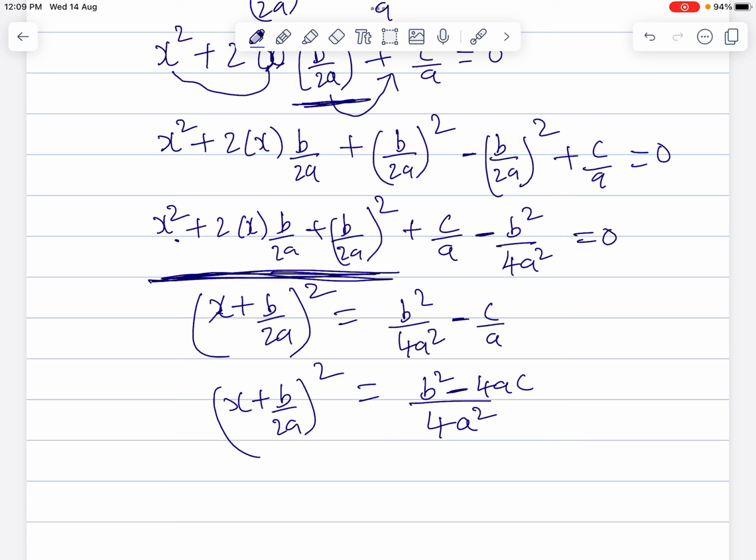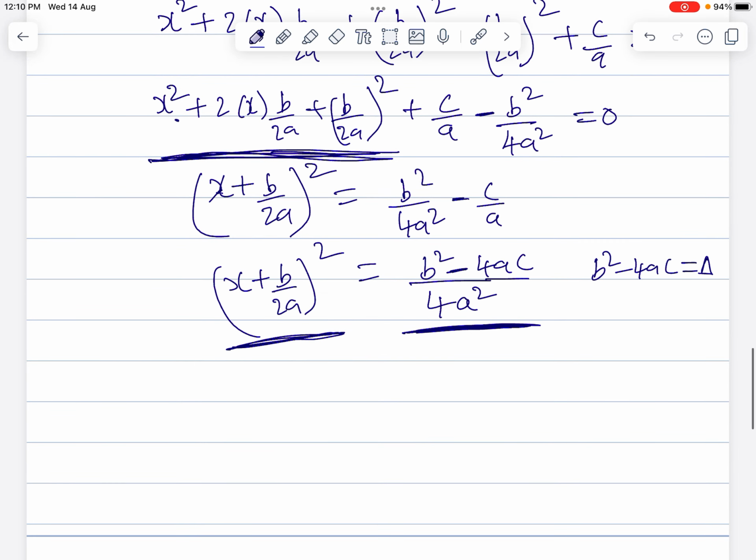So for the solutions to exist, this is a positive quantity always, so this should be a positive quantity. Now calling b square minus 4ac equal to delta, delta is called the discriminant.